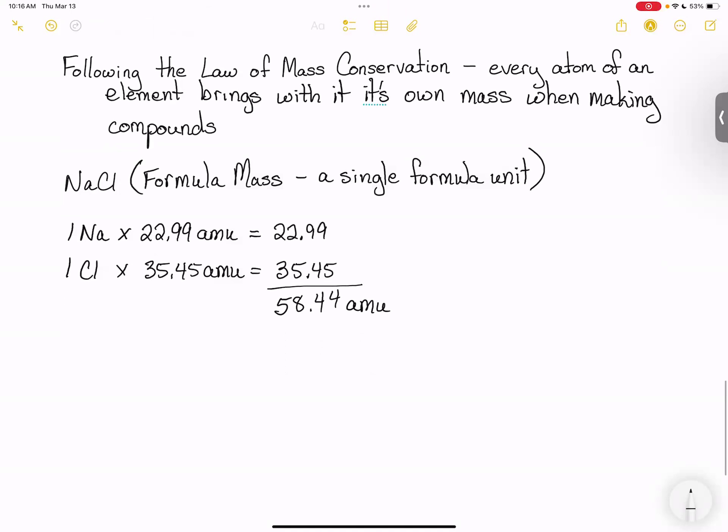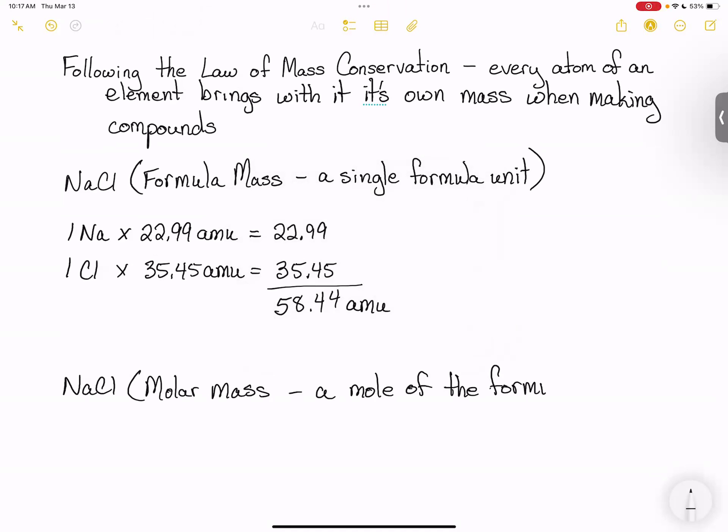But now, to get its molar mass, we're going to have a mole of the formula unit, meaning we are bringing in 1 mole of sodium and 1 mole of chlorine.